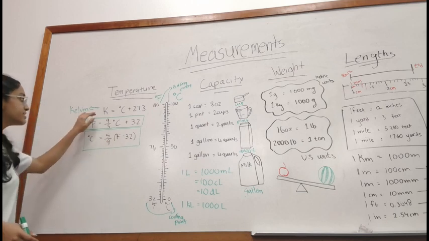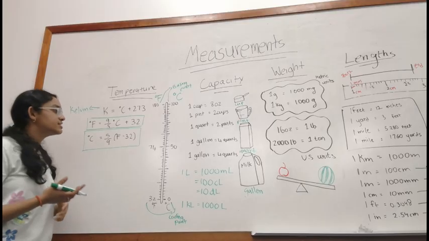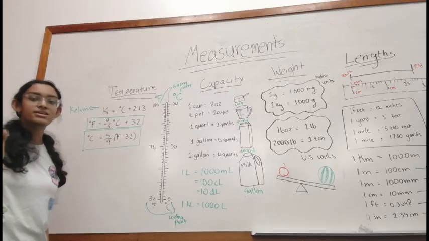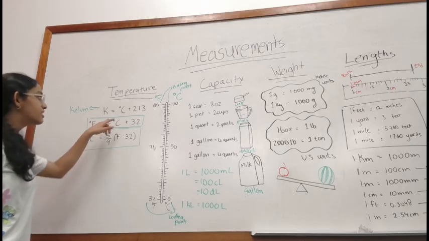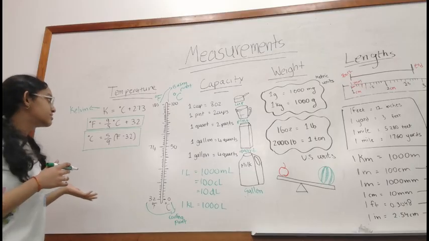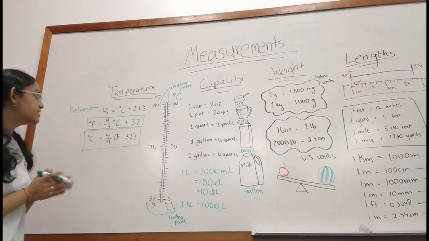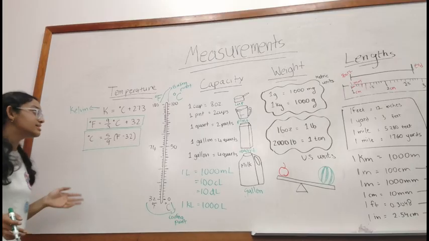And Kelvin is basically degrees Celsius plus 273. So if I tell you to convert 2 degrees Celsius to Kelvin, you're just going to do 2 plus 273 and you'd get 275 for the Kelvin, right? And that's pretty simple. So that's why Kelvin came into place.